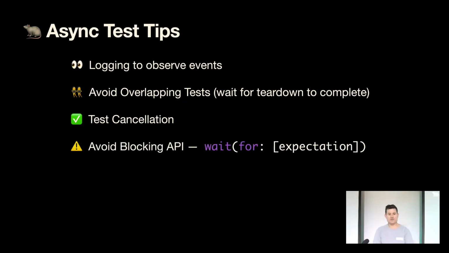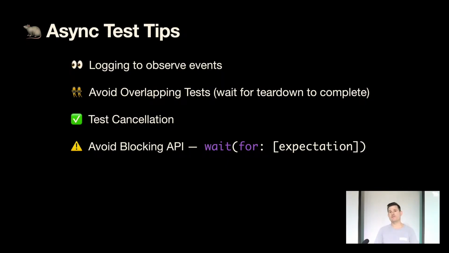So in your tests, avoid blocking API as well. So even waiting for expectations like this, I think in recent versions of Xcode, it actually tells you now don't do this. But this was a real pitfall, very early on. And even other blocking API, you might think, oh, this is not in my app, it's okay just to block here. It's fine.